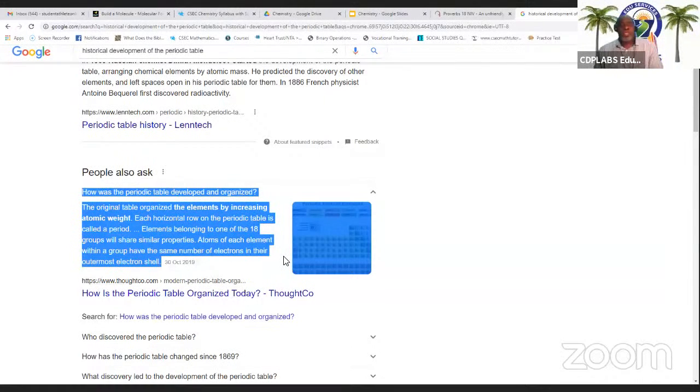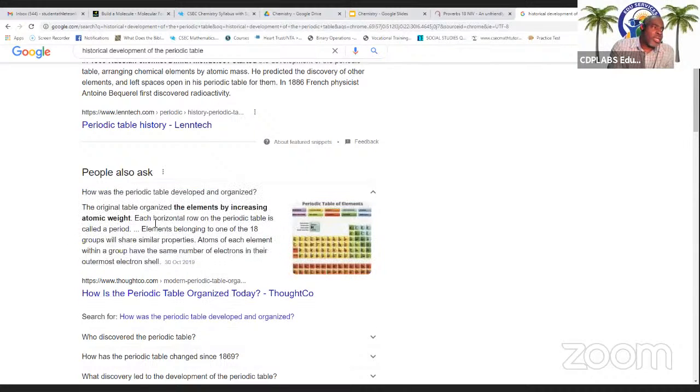Good. So it's saying to us how the periodic table is arranged. You have groups, you have periods. Each horizontal row on the periodic table is called a period. And elements belonging to one of the 18 groups will share similar properties.